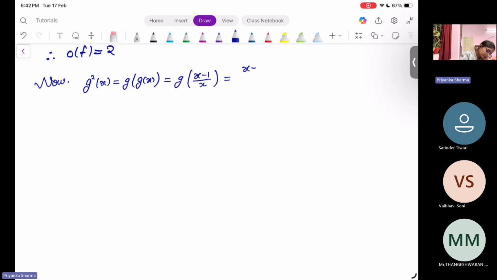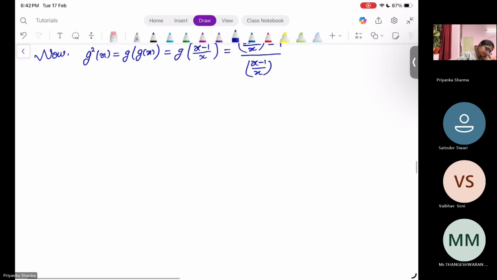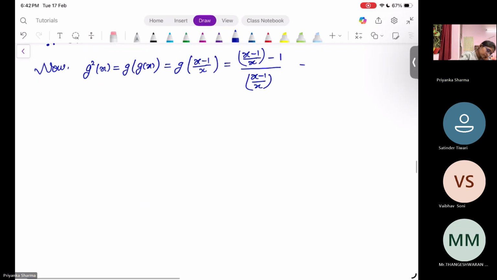This will be (x minus 1 over x) minus 1, divided by (x minus 1 over x), which is (x minus 1 minus x) by (x minus 1), or minus 1 over (x minus 1).